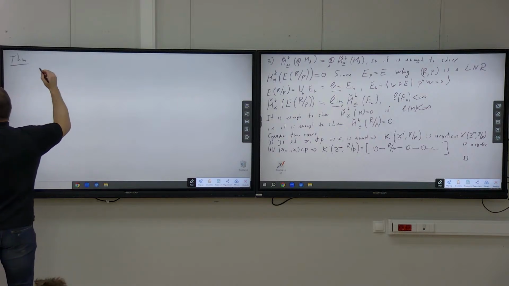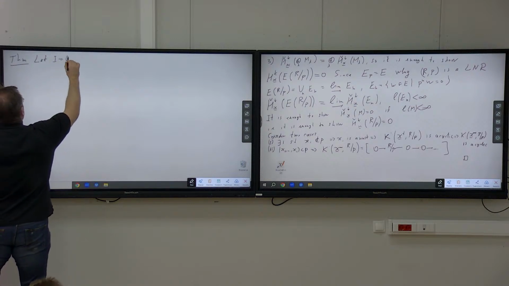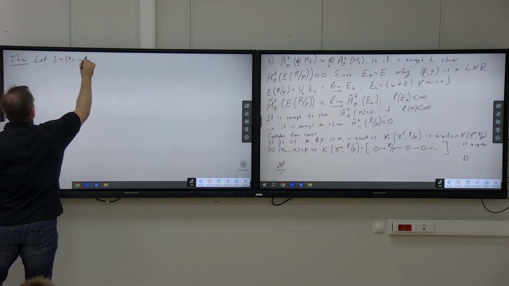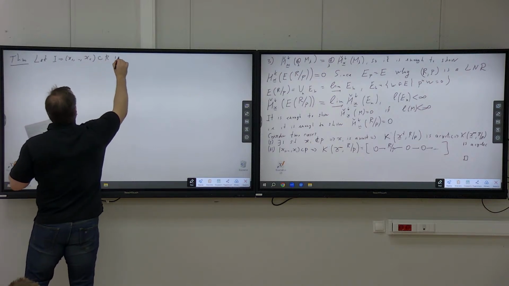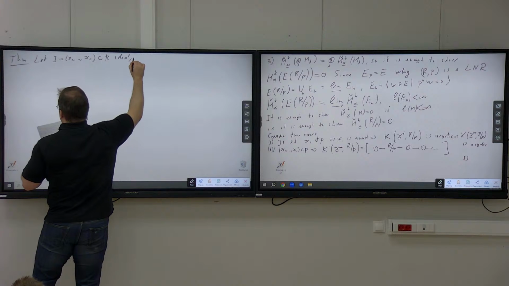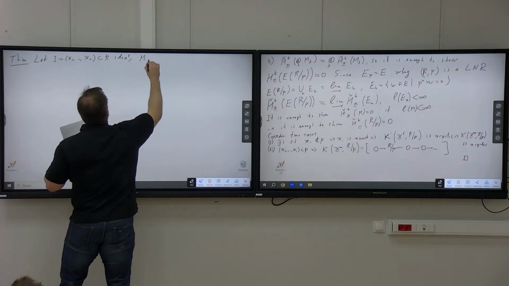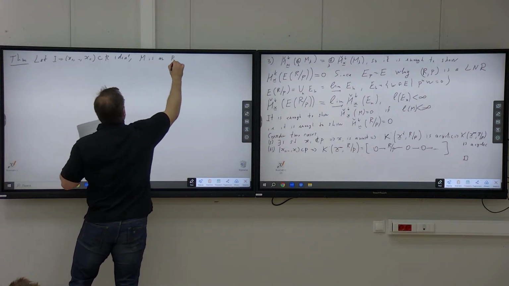Just to fix the notation. Let I be as before, an ideal generated by a sequence x1 to xn. M is an R module.